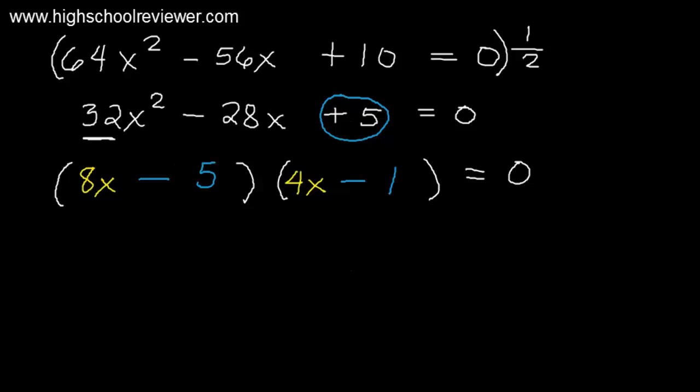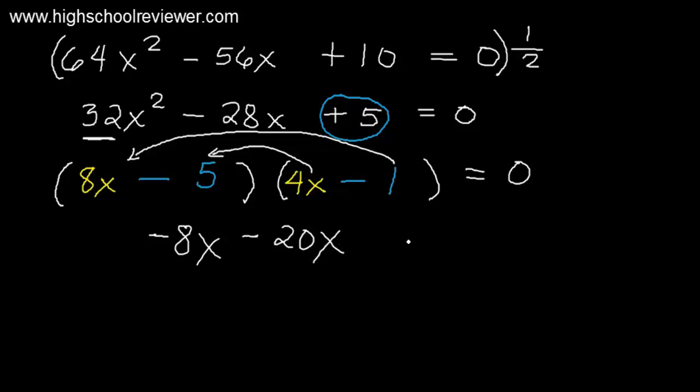Let us check if our factors are correct. We are going to get the product of the outside terms. 8x multiplied by negative 1 will be negative 8x. And then 4x multiplied by negative 5 is negative 20x.